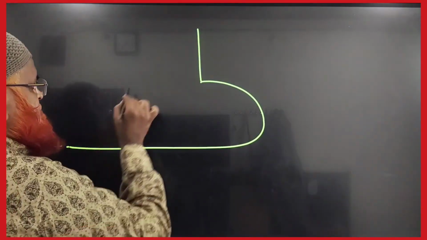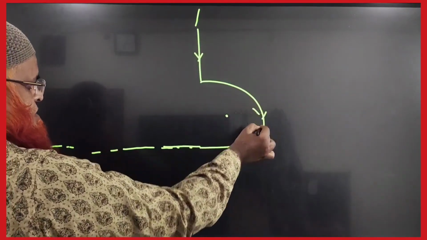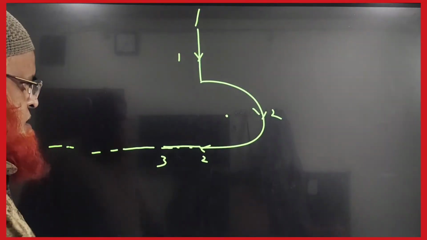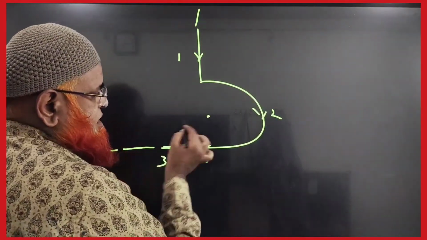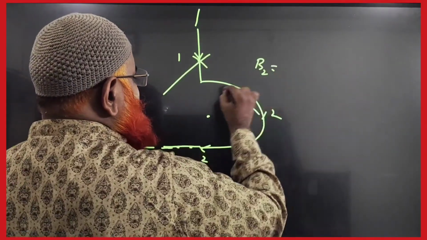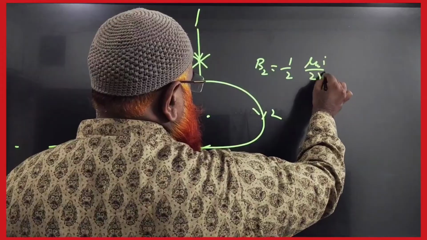Understood? Okay. So now, one wire is like this. This is infinity, this is also infinity. Understood? Here this is current, here current. So this is 1, this is 2, this is 3. This is the half circle. It is exactly opposite to this dot. Because of B2, is it not a half circle? So half of the full circle, mu naught I by 2r, half.